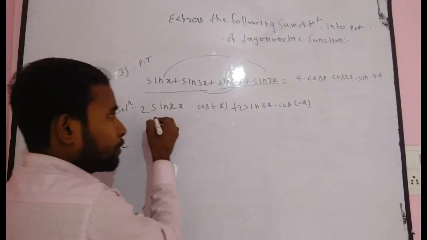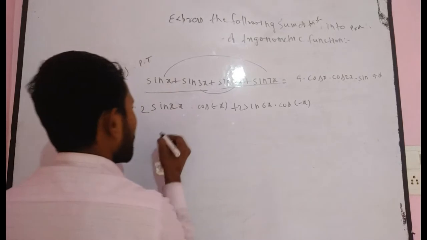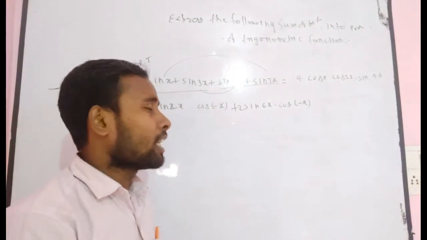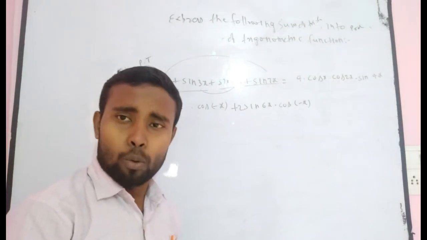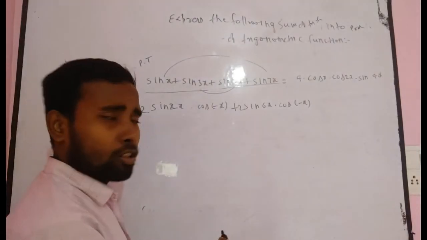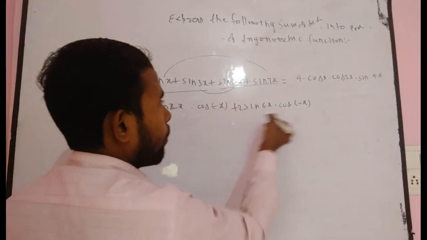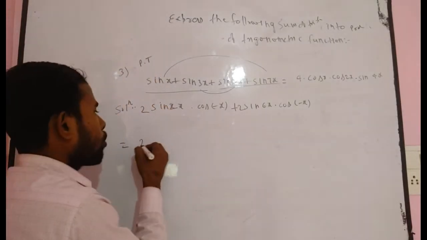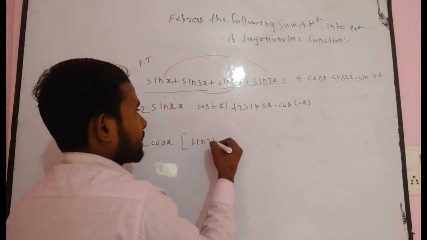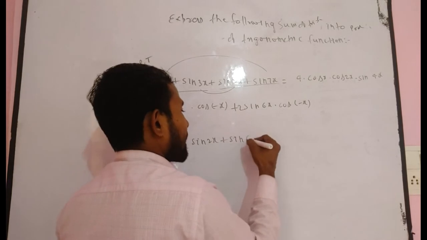Now if you take common in both terms, here you can write cos minus x is equal to cos x, because as you know cos minus theta is equal to cos theta. If you take 2 cos x common in both terms, then you get sin 2x plus sin 6x.